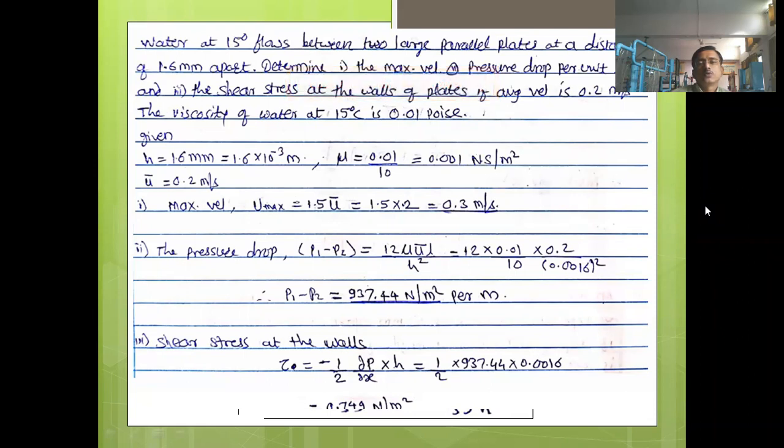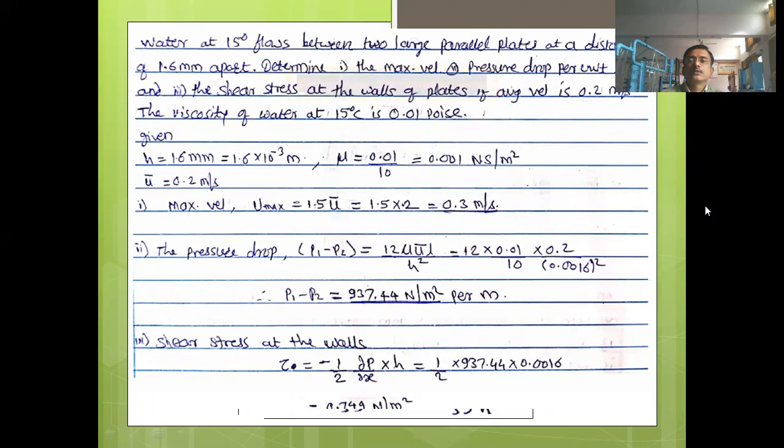Mu is given as 0.01 poise; divided by 10, you will get 0.001 Newton second per meter square. Average velocity u bar is given, u bar is equal to 0.2 meter per second.